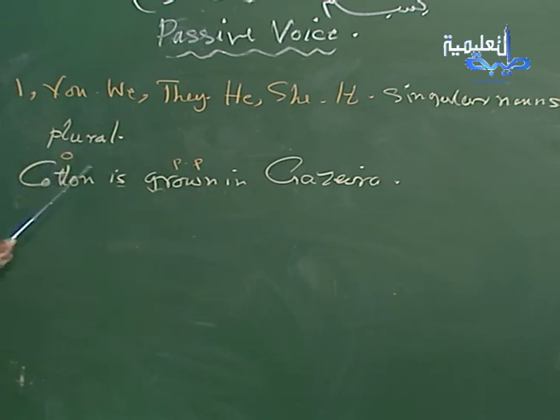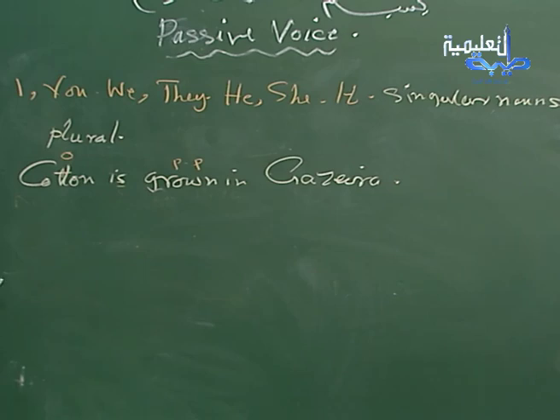There is object and is and past participle. We say that in the present simple, the rule is object plus is or are plus past participle. Because cotton is an uncountable noun, after it there is is, and after is there is the past participle of grow.